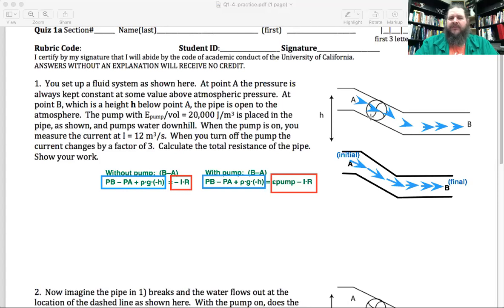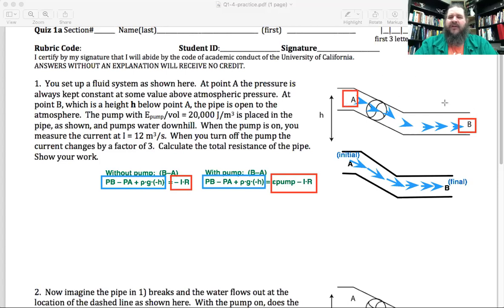Yeah, there's no difference in speed because remember, we're comparing the speed at A and the speed at B. What's the only way those speeds could be different? If there's different area, yeah. If the pipe at location A and the pipe at location B have different cross-sectional areas.